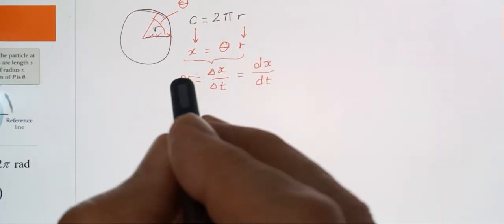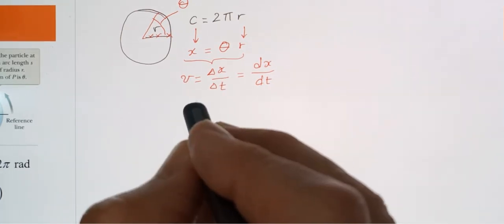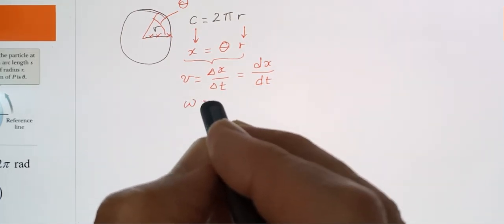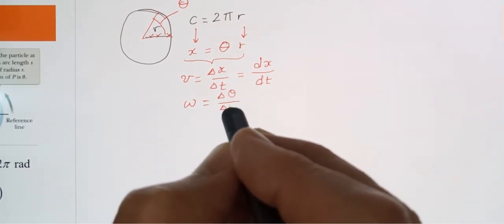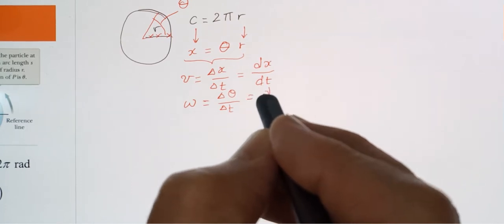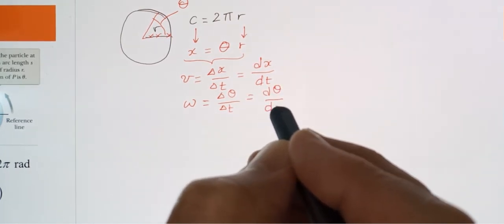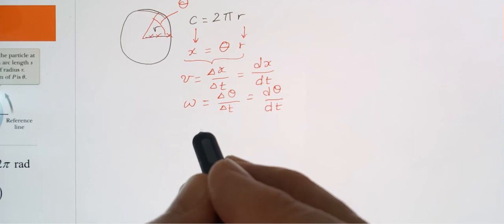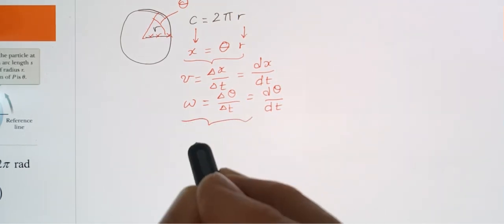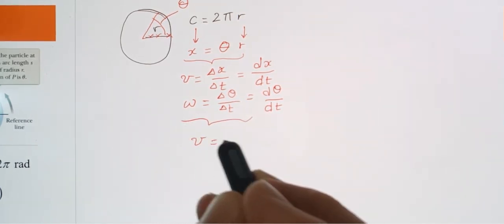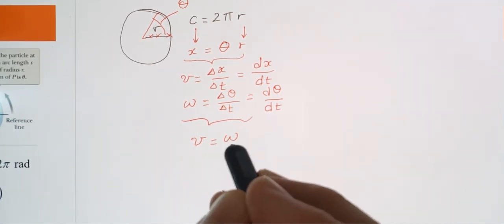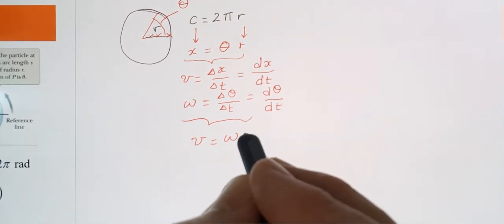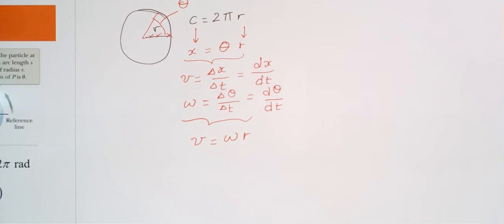We derive that, which means omega, which is the angular velocity, is equal to delta theta over delta t, or the derivative of theta with respect to t, meaning v is equal to the angular velocity, to which we give the symbol omega, multiplied by r.